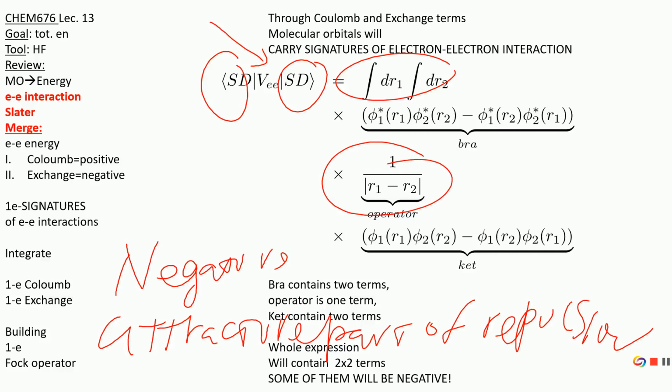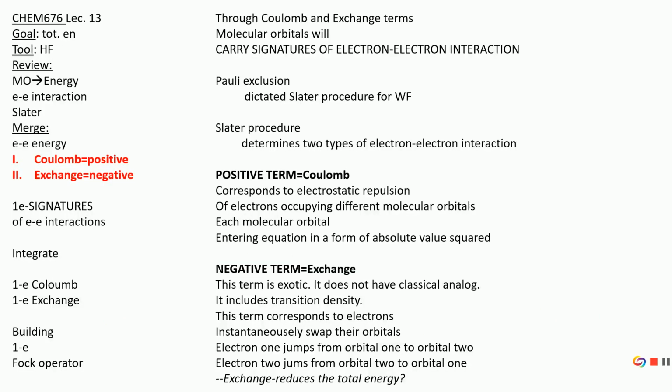One will be plus and plus, minus and minus, a positive term, which will give repulsive interaction, and another plus times minus, minus and plus, which will give attractive. Okay? So those are the so-called Coulomb and exchange terms, which are extremely important to predict real properties of molecules and materials. Without this antisymmetry and exchange terms, in calculations most of the molecules would decompose.